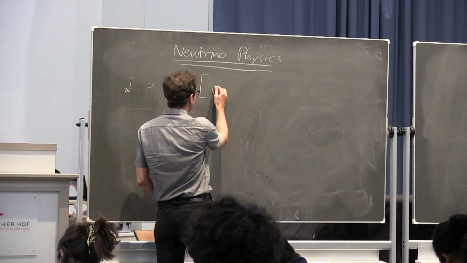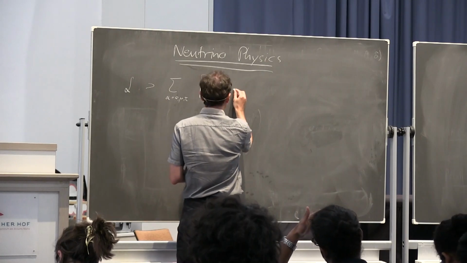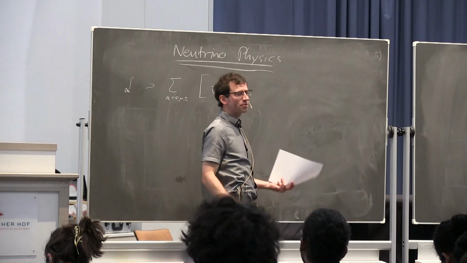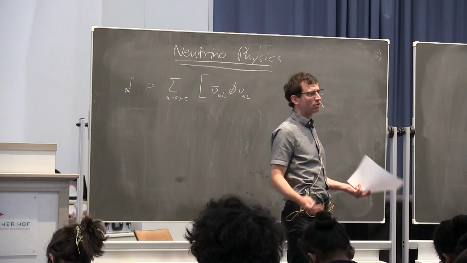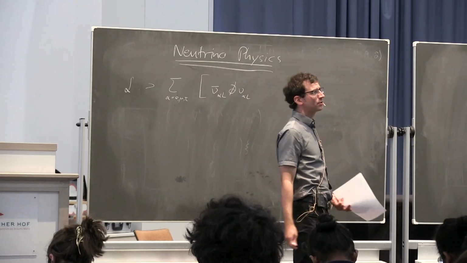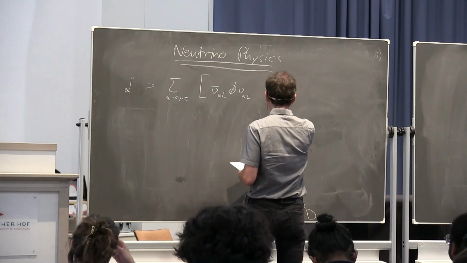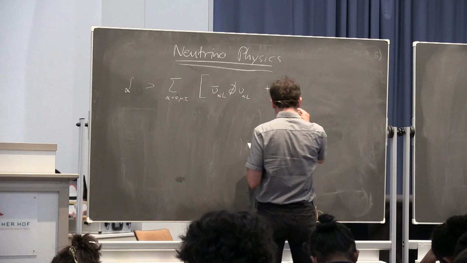So there is the neutrino kinetic term. There is going to be the neutrino interactions, and since neutrinos interact only weakly, not electromagnetically and strongly, that means there's only going to be couplings to the W boson and to the Z boson. The coupling to the W comes with the weak coupling constant g divided by square root 2.